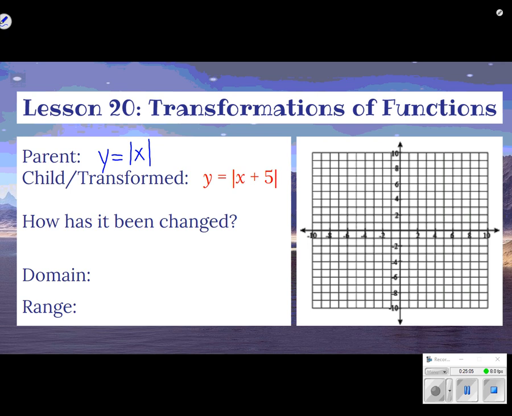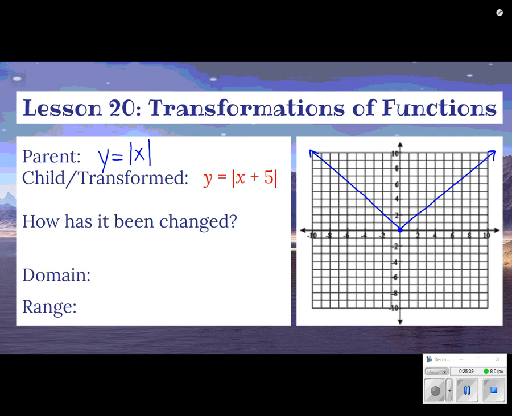So it's a V that goes through 0, 0. Now notice that I plotted one point. The only point I plotted so far is 0, 0. You do not have to plot points for the arms, okay? I don't want this taking a whole lot of time. I want you to be able to graph these quickly. When we go back and we study absolute values a little bit closer, then we will be more precise with our graphing. So that is my parent function.